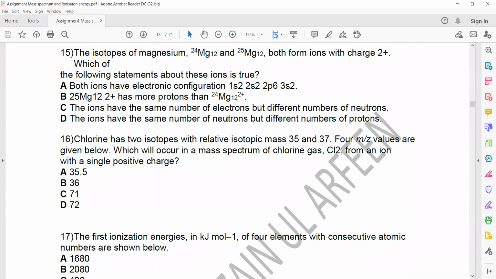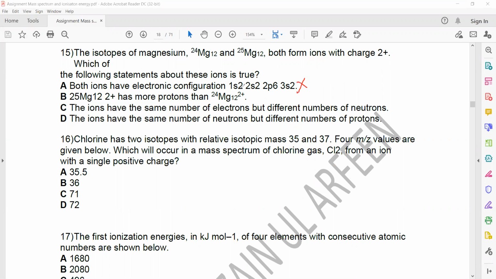Question 15. Isotopes of magnesium both form an ion with a charge of 2 plus. Which statement about these ions is true? For option A, both ions have the electronic structure of 1s2, 2s2. Because magnesium is 12, it loses electrons, so it is left with 10.